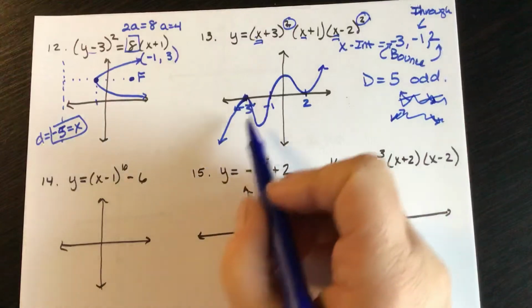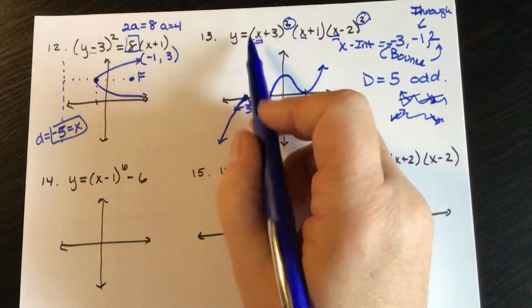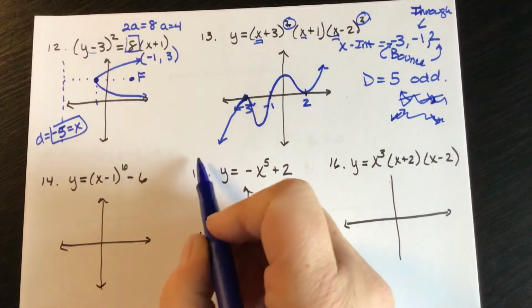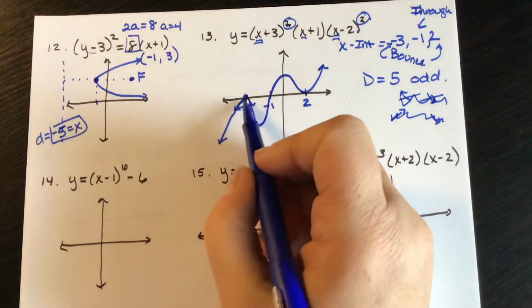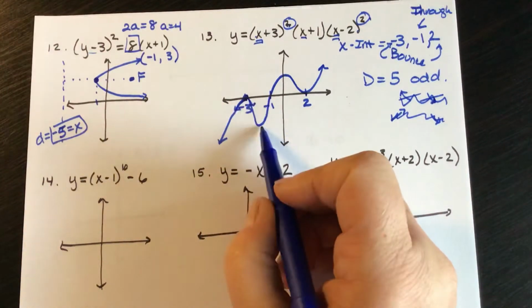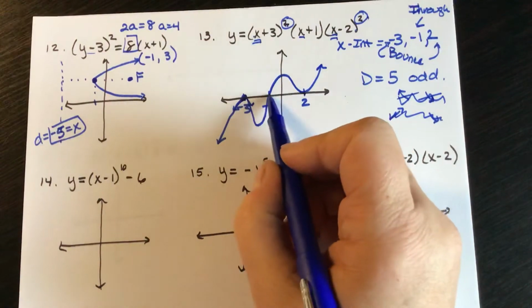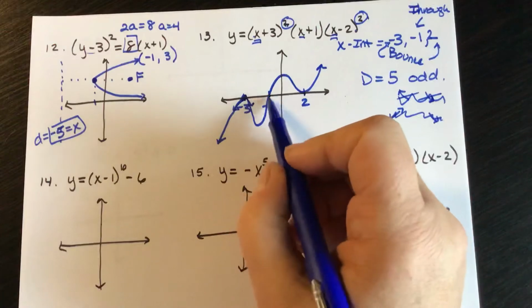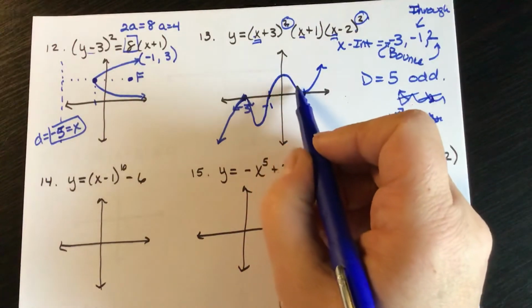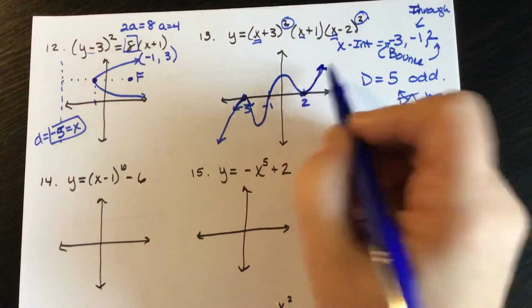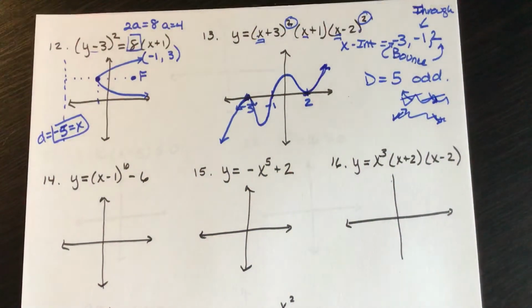Okay, so because all of this was a positive, I start from the left, I'm going to go up, bounce at -3, come down, go back up to get to my x-intercept. I'm going to go through, I'm going to turn, come back and bounce at 2, and then go up to infinity.